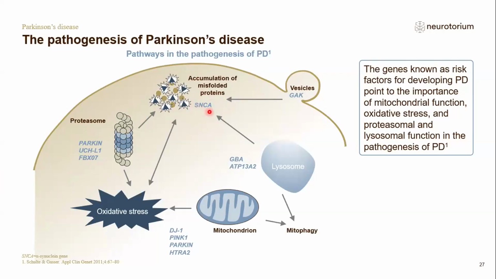And in turn, oxidative stress can cause the accumulation, or vice versa. That is the double arrow, okay? Or the proteasome also can cause oxidative stress. Once that happens, it usually will lead to apoptosis, which is cell death.